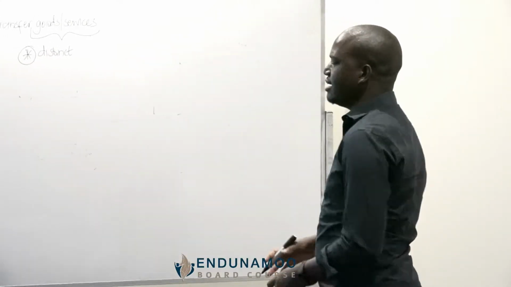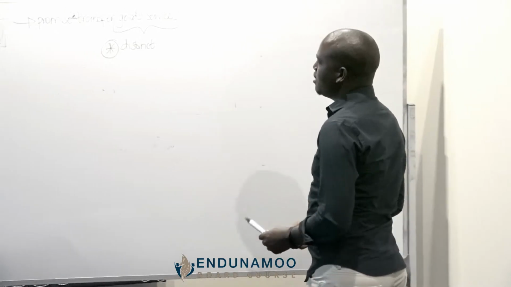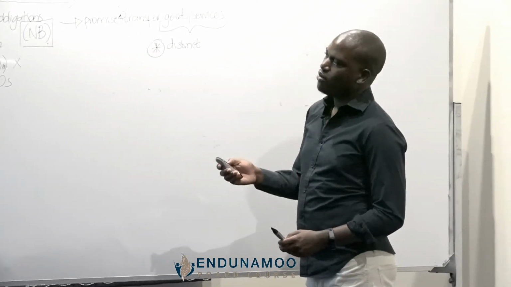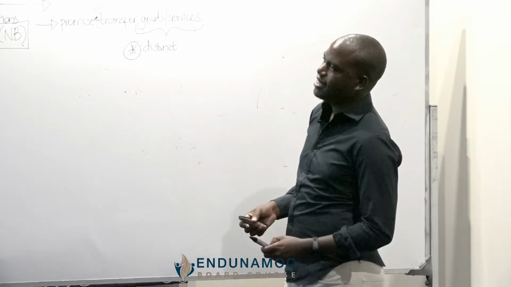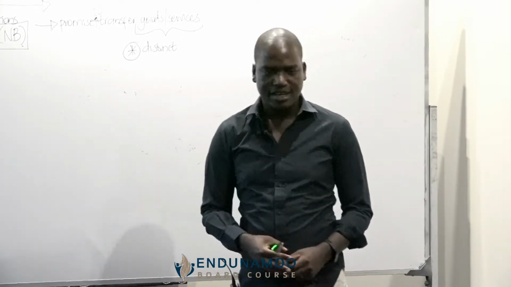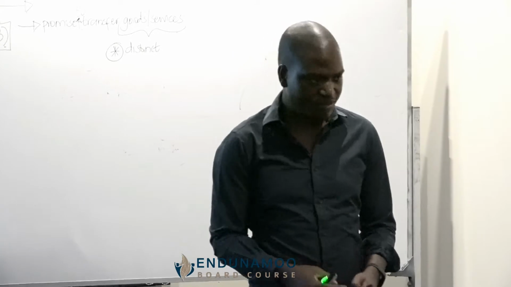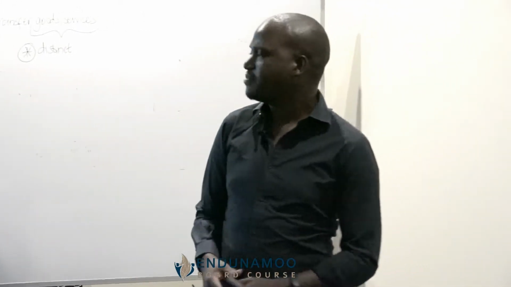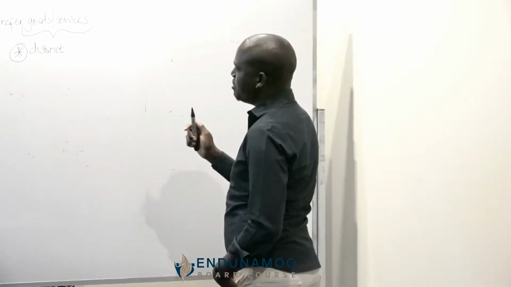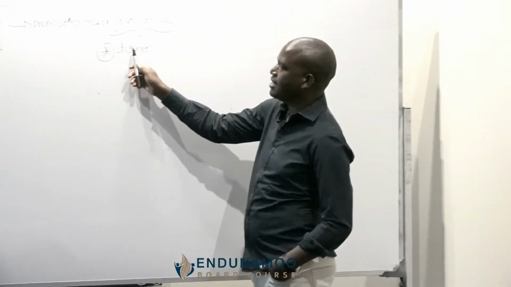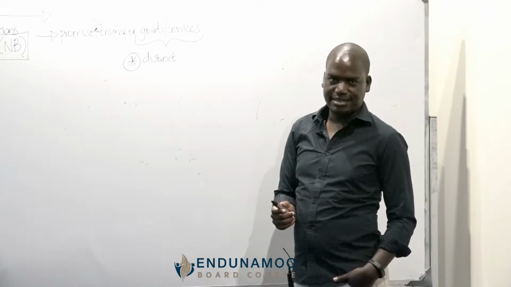So now, let us just understand what it means when we say goods are distinct. We have to then refer to what? To paragraph 27 to 29. So let's proceed to slide 59. So in this particular instance, the standard defines what it means when you say that the goods are distinct.